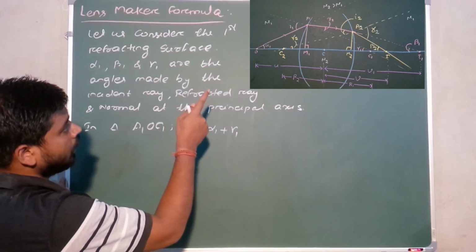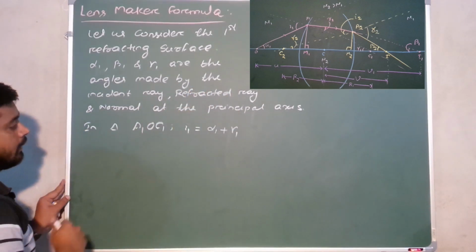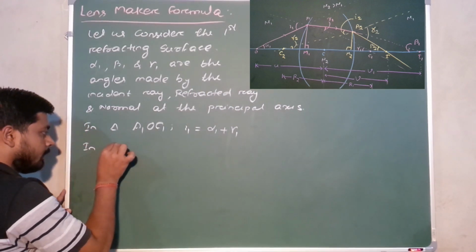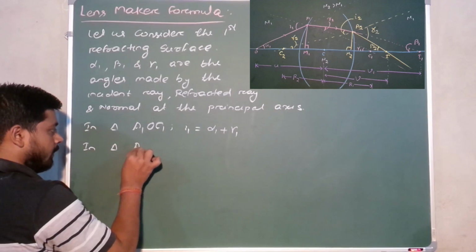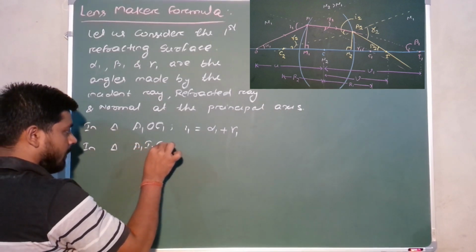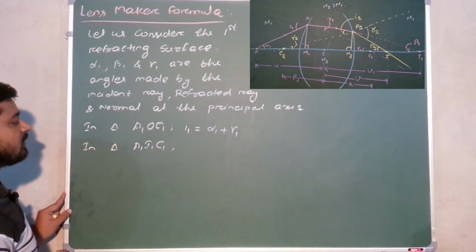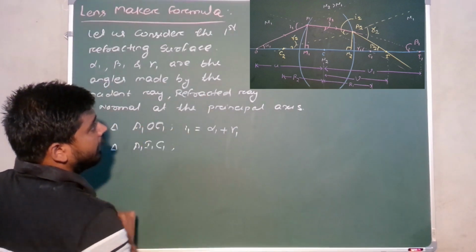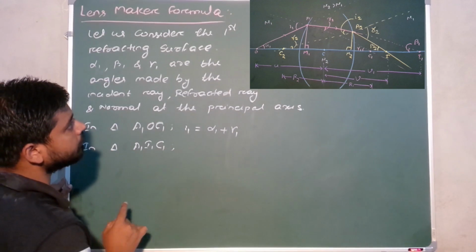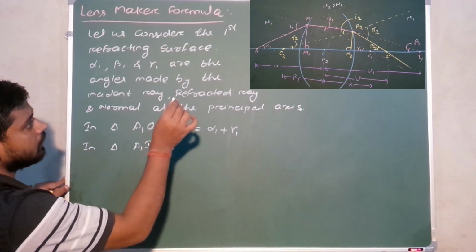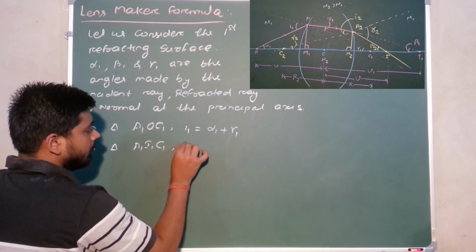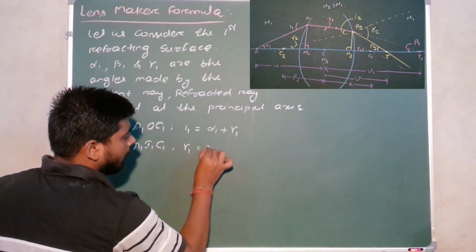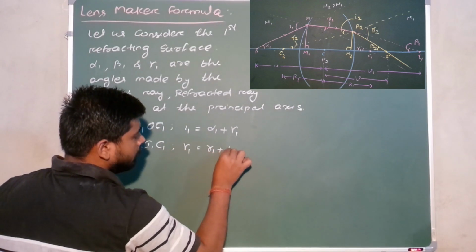Then in triangle A1 I1 C1, gamma 1 equal to R1 plus beta 1.